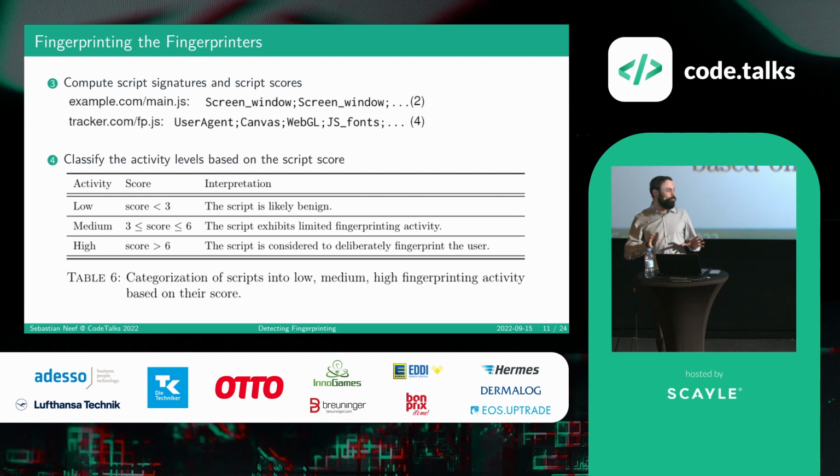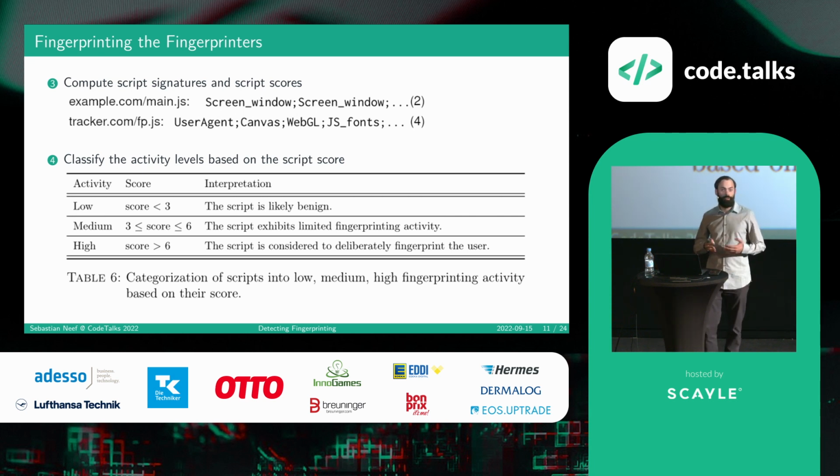And if we do that for all the scripts that we had, we can derive some activity classes. For scripts that have a score lower than 3, the script is likely benign. It's not doing any fingerprinting, and might not even get enough information from fewer than 3 feature groups, so we ignore those scripts and say they are not fingerprinting.